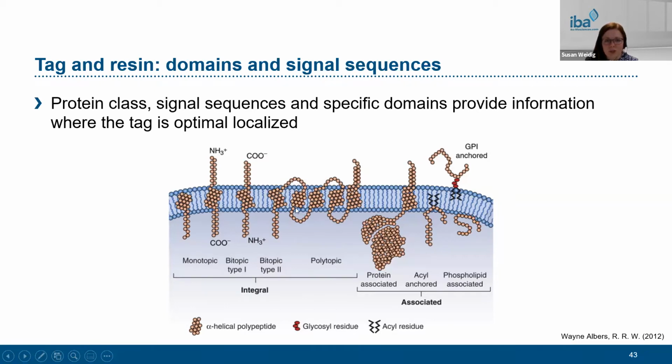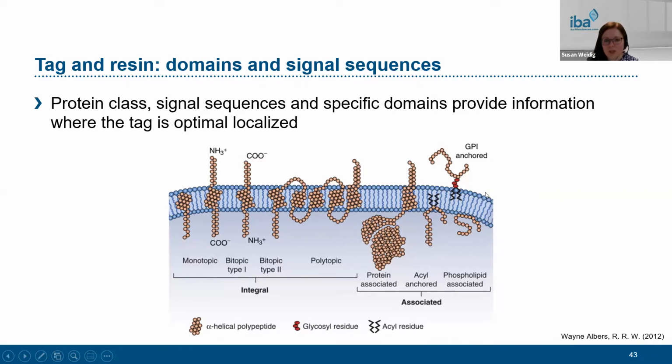And some proteins have several membrane domains, and it is not recommendable to place the affinity tag within such a membrane domain. And some proteins interact with other proteins, and you should know these interaction sites, because if you want to have a functional protein, these interaction sites should not contain the affinity tag.